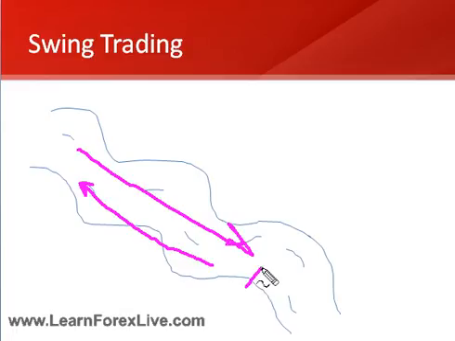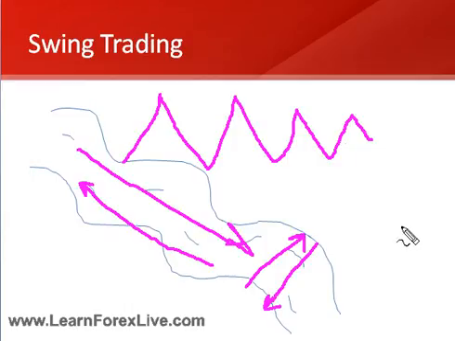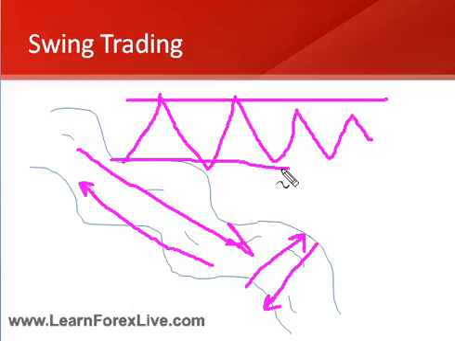And finally, you can swim back and forth from one side of the river to the other one. That's range trading, or basically trading when the market is moving sideways, when the market doesn't quite show any given directional bias, either to the upside or to the downside, and basically the market is moving within sideways ranges.